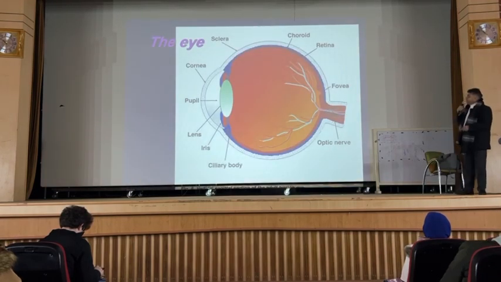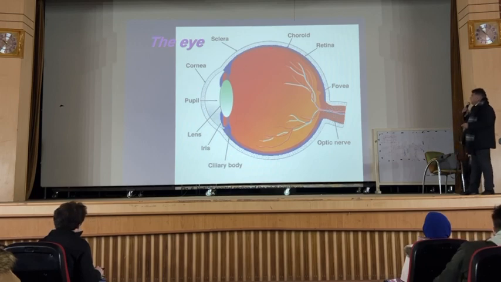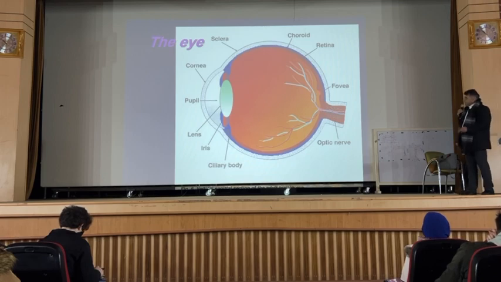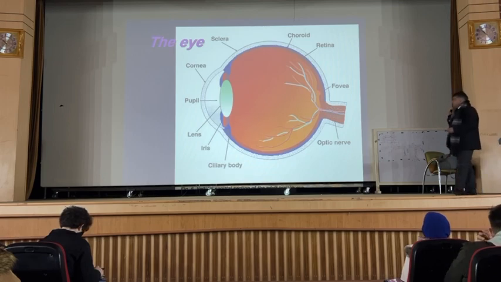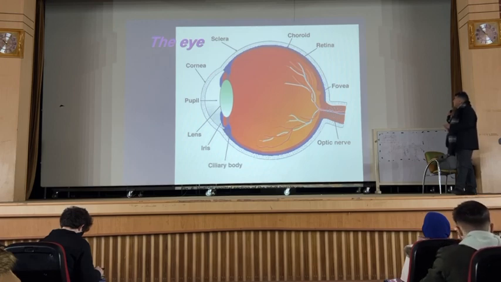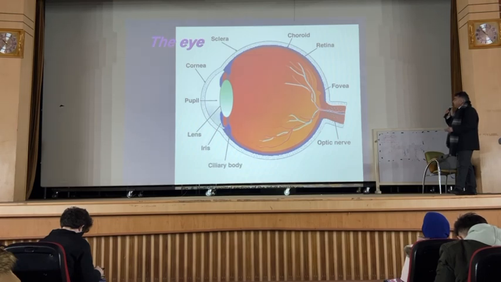What about the anatomy of the eye? The eyeball is like a sphere, not a perfect sphere, but it has three coats. The outer fibrous coat is the sclera, and the anterior one-fifth or one-sixth is the cornea.